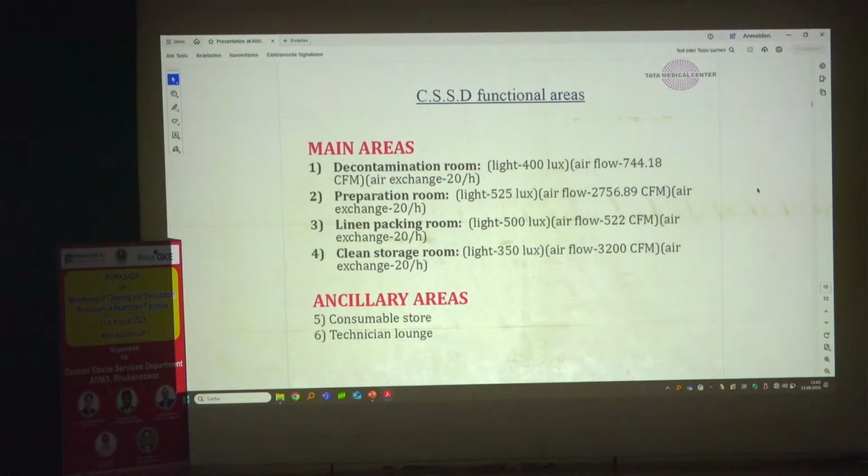In the preparation zone, light is 525 lux, and the airflow and air exchange are similar. In the fourth zone, the linen packing area, the light is 500 lux, and the clean storage area, the light is 350 lux. We measure this two times a year.